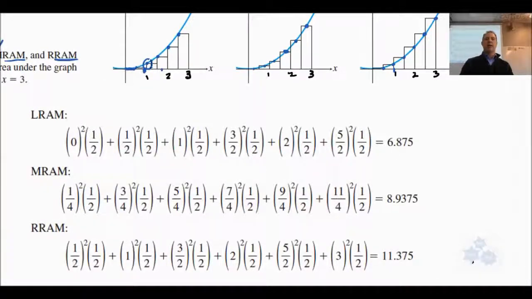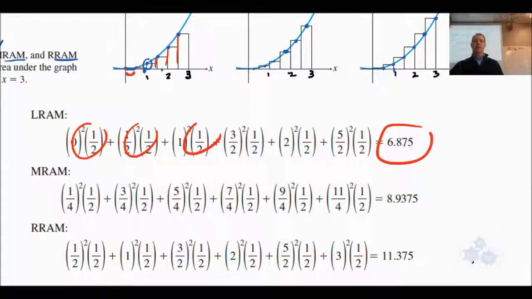The two things I want to show you is this: we would be accurate in saying that for the LRAM, if we added up the areas of these right here, and it's important here, the width of each partition times the height. We have a 0 height here. The first one we have 1/2, and then 1, and then 3/2, and so on. These are the different heights here. And if we add up all of these rectangles, we get this for an area.